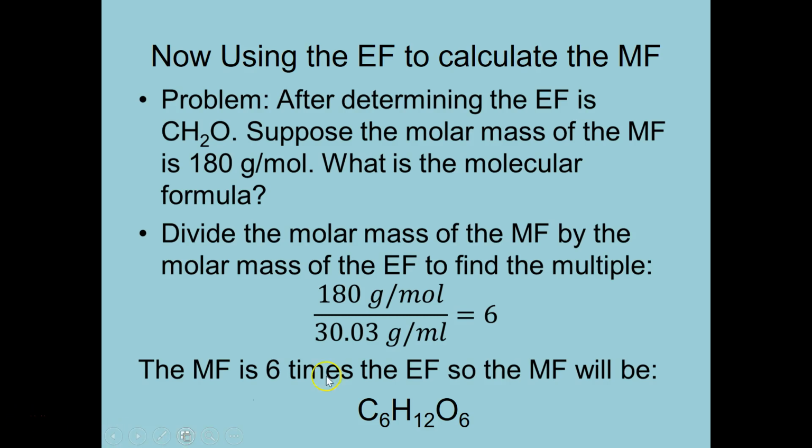The molar mass of the molecular formula was given to us. The molar mass of the empirical formula we calculate to be 30.03. That equals 6. So in order to find the molecular formula, we just multiply the whole thing by 6, giving us C6H12O6, also known as glucose.